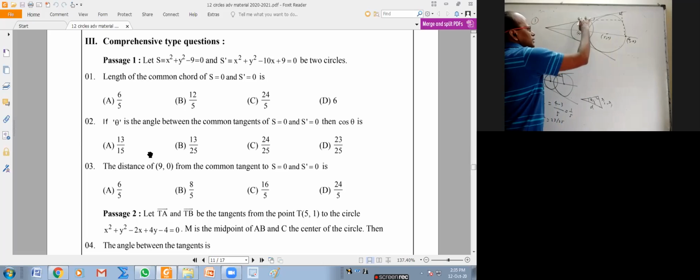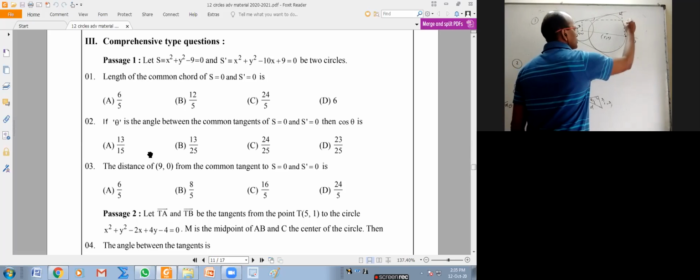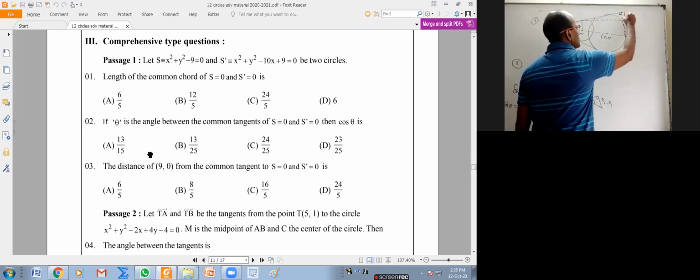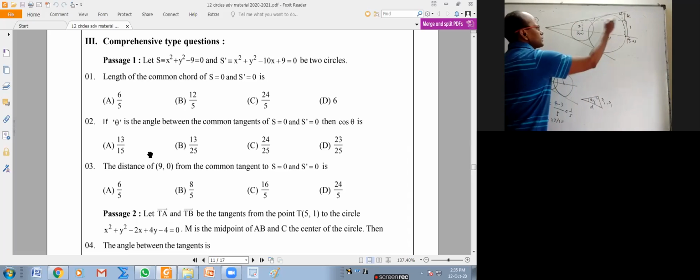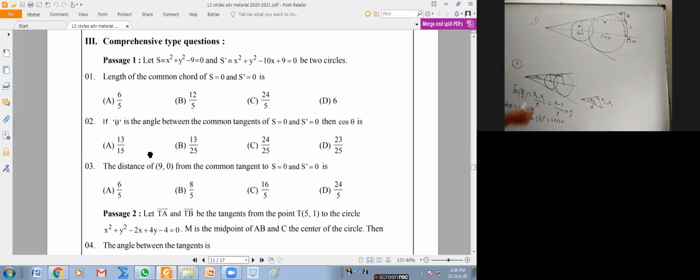So this is the radius 3, so this is also 3. Only this length I need to find and add to 3. We call that K, and this is 9 units. I can use sine theta by 2 equal to K by 9, where K I have to find, and sine theta by 2 I know is 1 by 5.